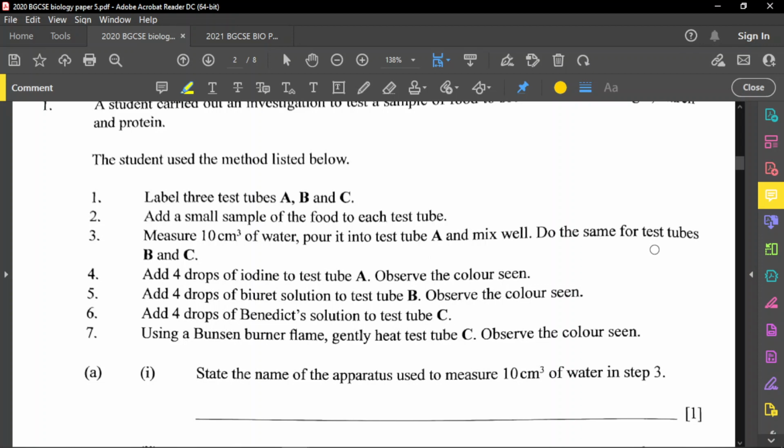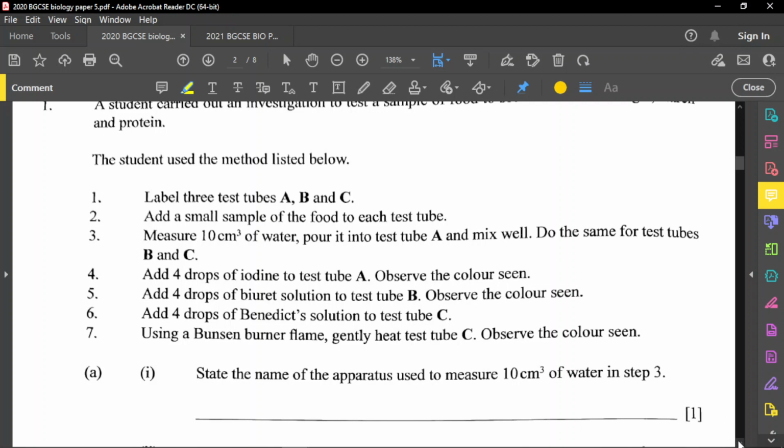Do the same for test tubes B and C. 4: add 4 drops of iodine to test tube A. Observe the color seen. 5: add 4 drops of biuret solution to test tube B. Observe the color seen. 6: add 4 drops of Benedict's solution to test tube C. 7: using a Bunsen burner flame, gently heat test tube C, observe the color seen.